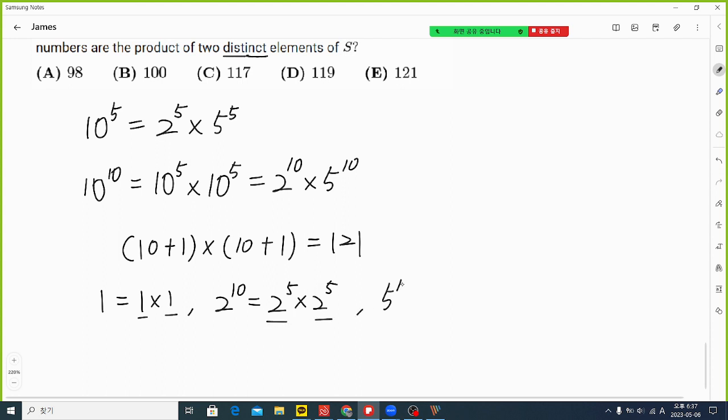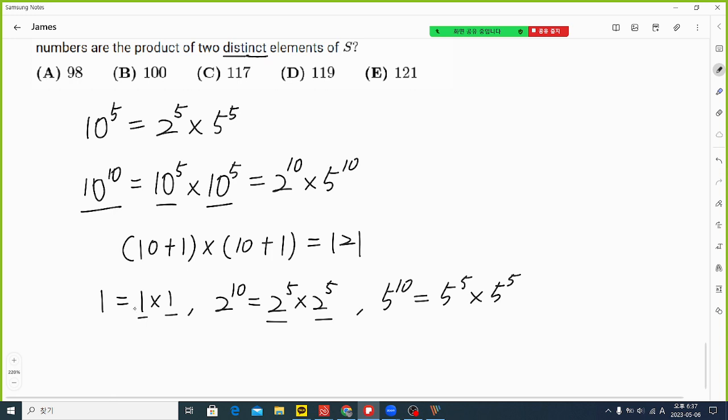Or 5 to the 10th power, that's also made by two identical factors, so it should be excluded. And finally, this 10 to the 10th power should also be excluded because it's made of two identical factors.